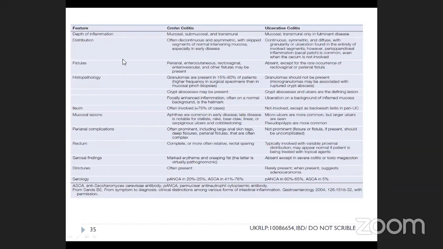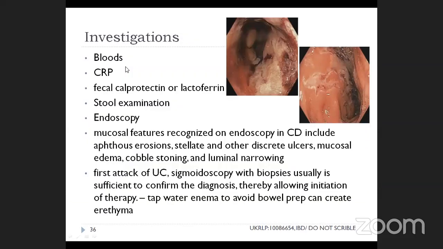So coming on to the investigations of inflammatory bowel diseases, any patient with any disease needs routine blood investigation to check the general condition of the person. C-reactive protein shows an acute inflammation or a chronic disease.